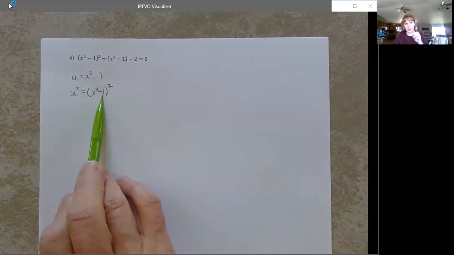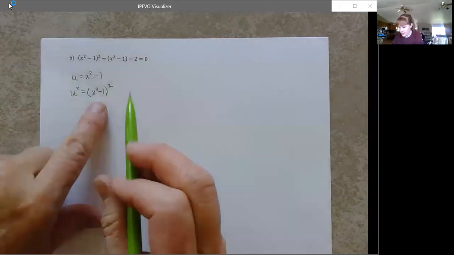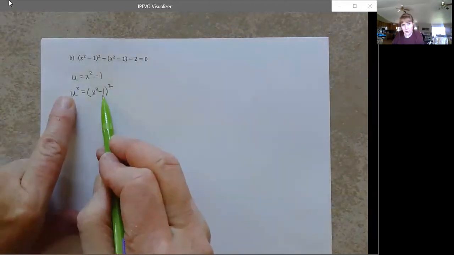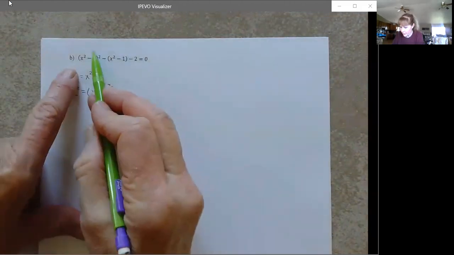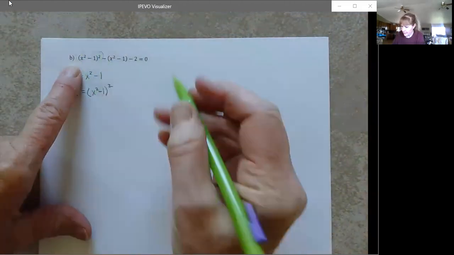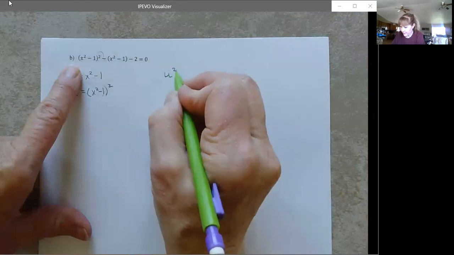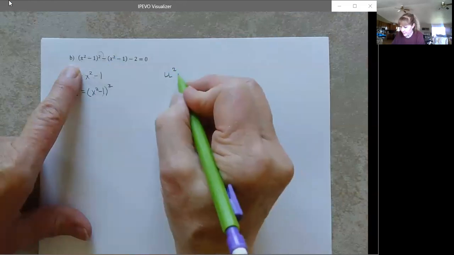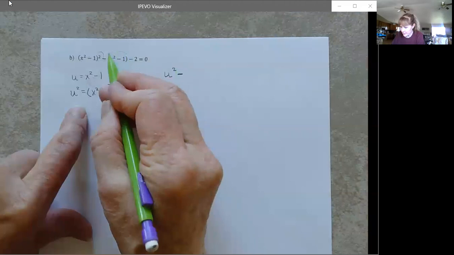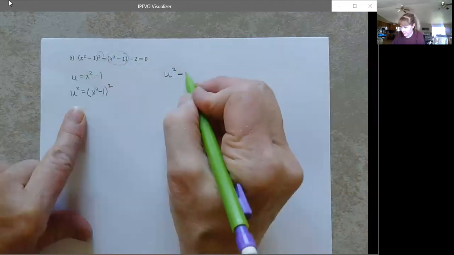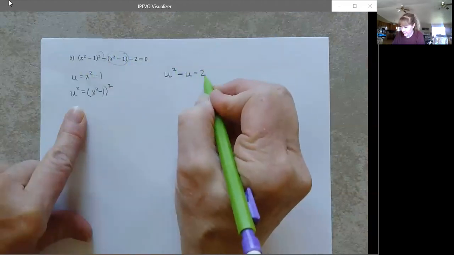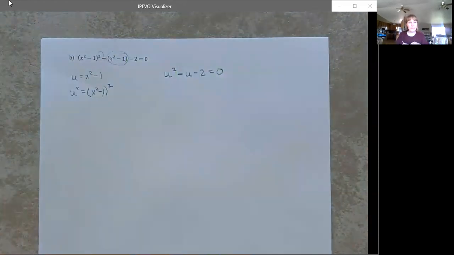So when we do our substitution, this right here becomes u squared. Then we have a minus. This is equal to u. And we still have that minus 2. So we factor this to find out what u is, all right?